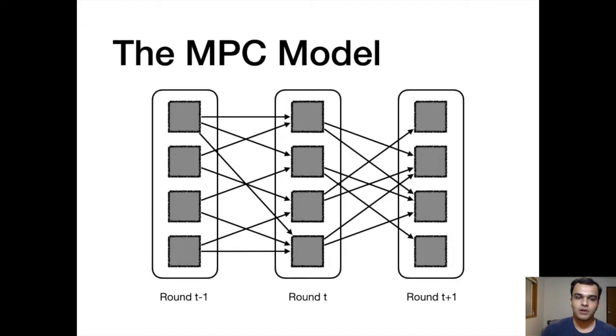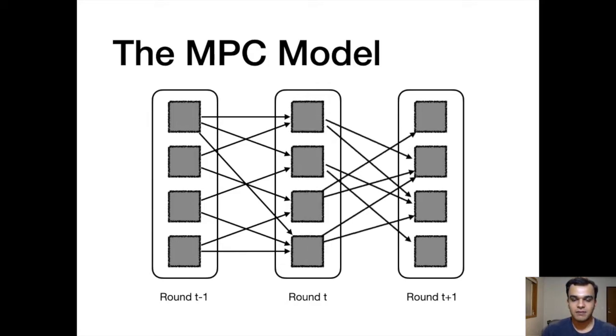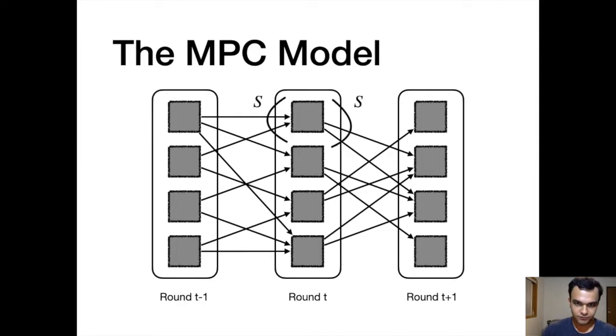In the MPC model, machines at round t receive messages from the machines in round t minus 1. They perform some local computation and send messages to machines which they will use in round t plus 1. The main restriction in the MPC model is that the number of messages received and sent by a single machine is restricted to be the local memory parameter of the machine.